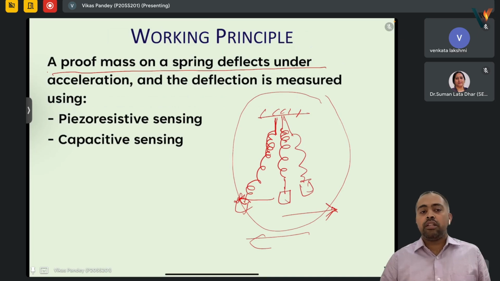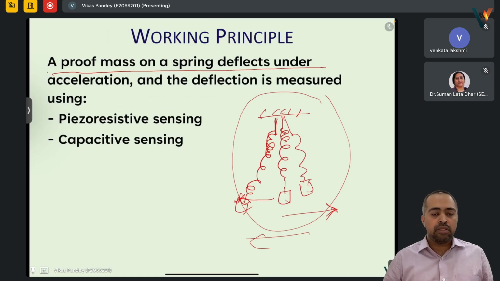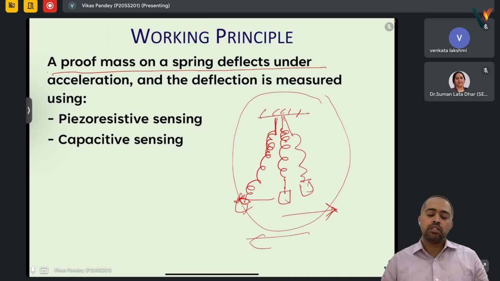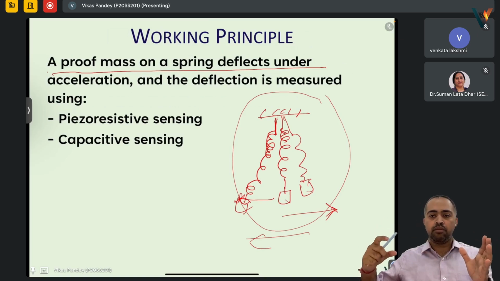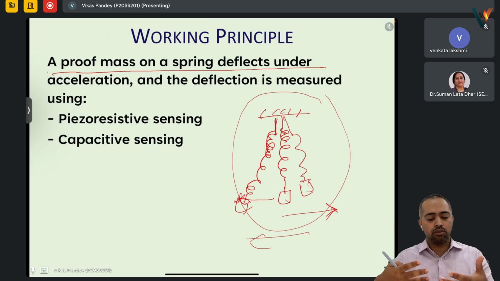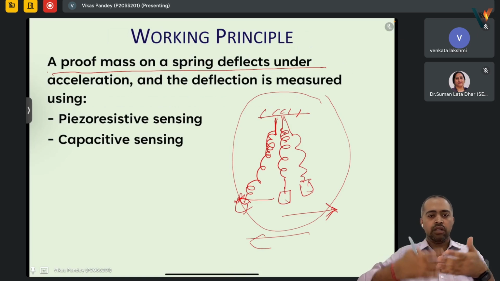Again, here it can be piezoresistive or capacitive sensing. Piezoresistive, in which there will be a change in resistance, very similar to what we have seen in the pressure sensor. Capacitive, again, parallel plate based. The change will be based on, like I showed earlier, the comb-like structure when they move up and down.